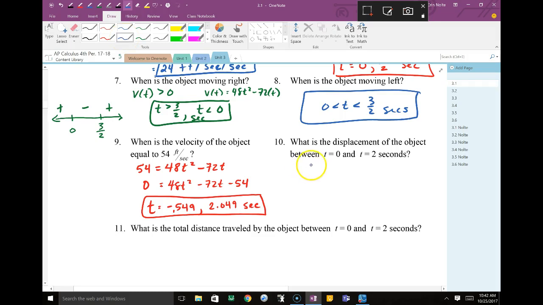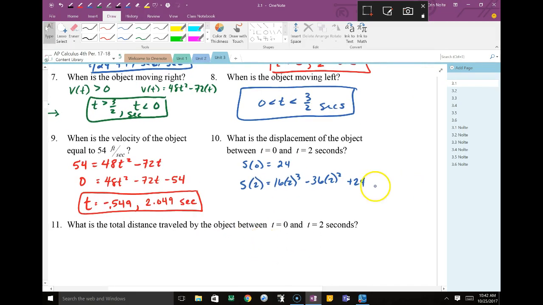Didn't we start that one already? It was 24, right? 24. And if I plug 2 into our position function, I don't remember what our position function is. Let's see, in this little peek. 16 minus 36t squared plus 24.